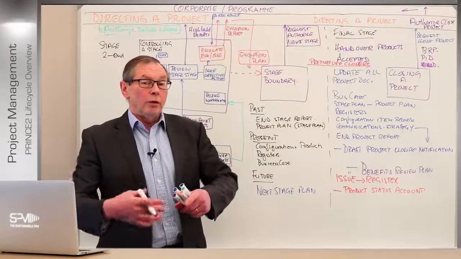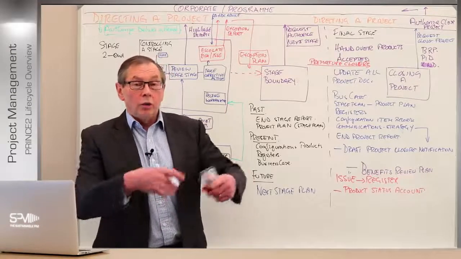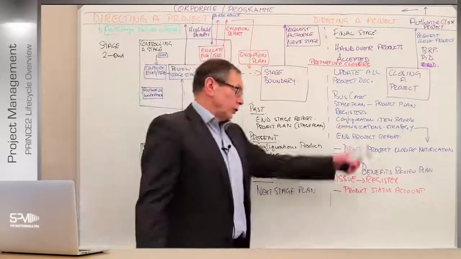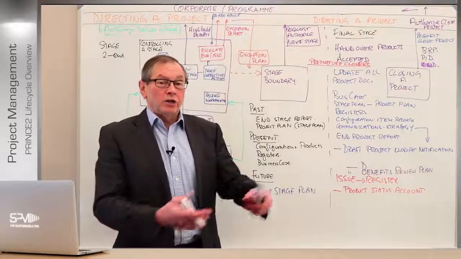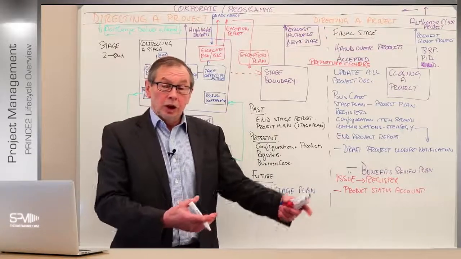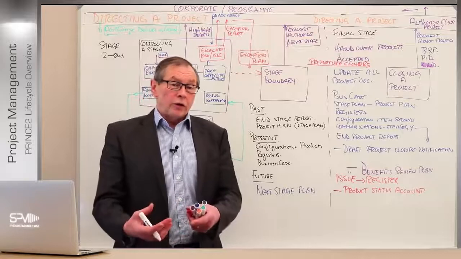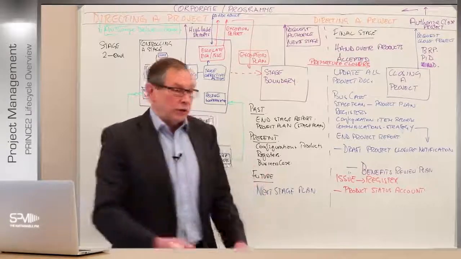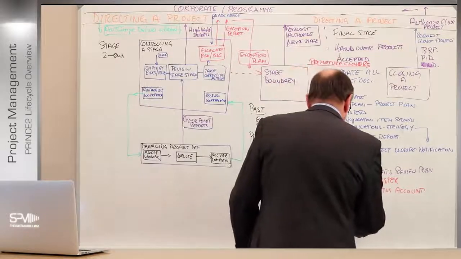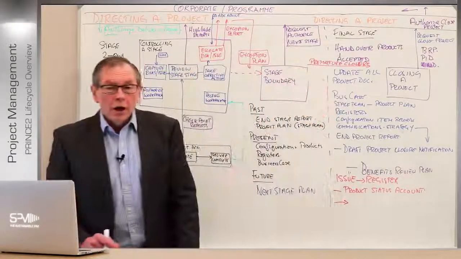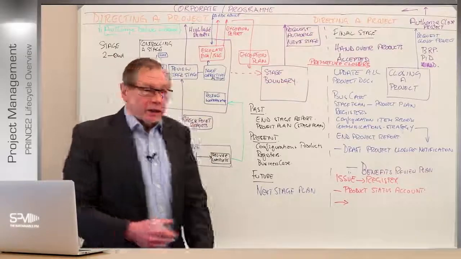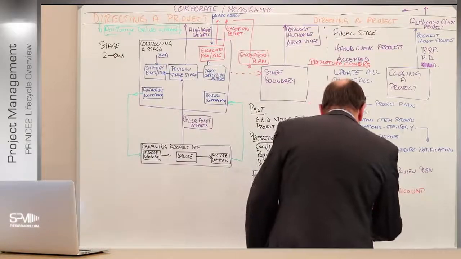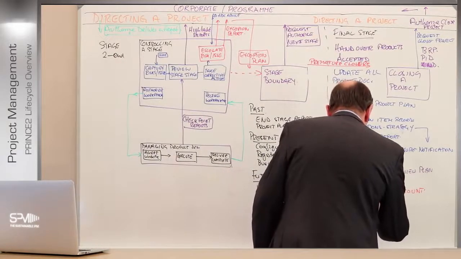So you're producing a report on a lot more items, right? So the product status account, we're looking at all the different configuration about what I've got so far that I've completed, what I'm in the middle of building, and what I've got yet to do. Because there are some things you might have to complete or other actions. So that will lead to other recommended actions. So we need to have now recommended actions.